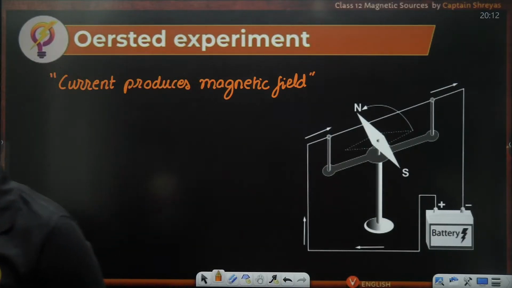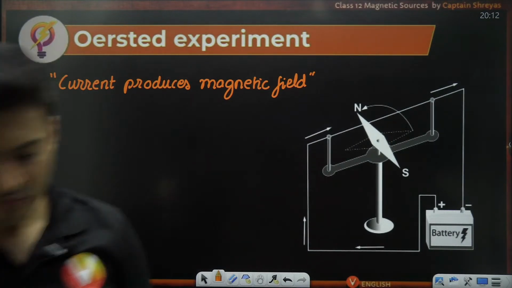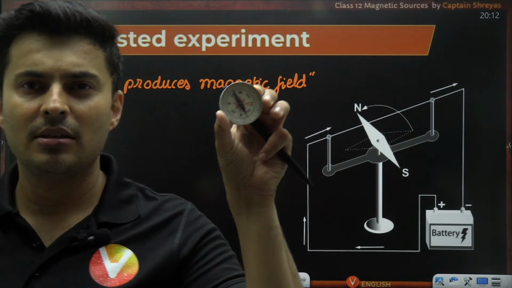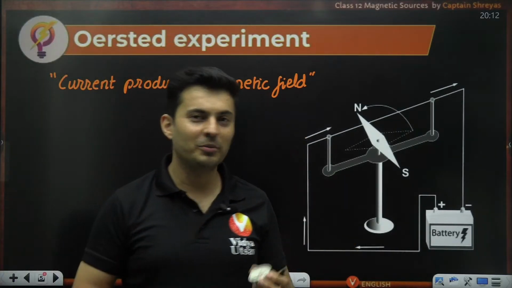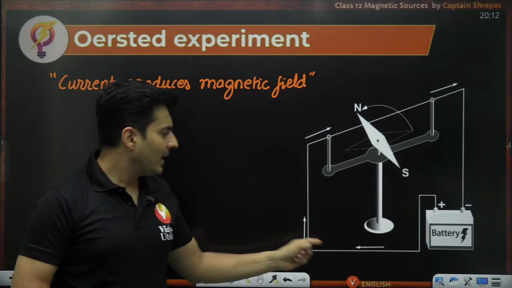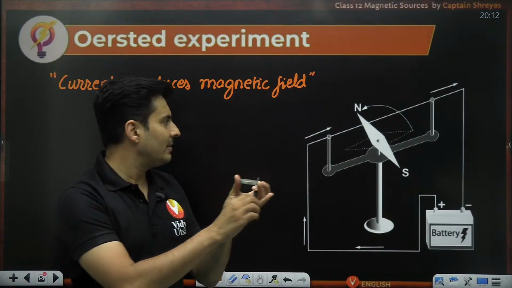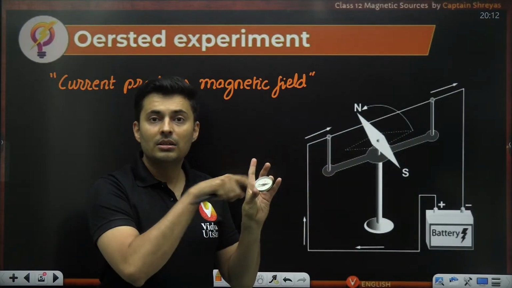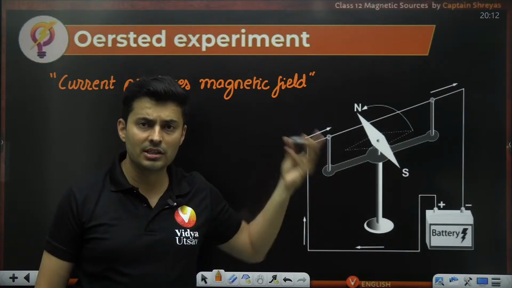All he did was use a compass like this. You might have seen a compass. It points to the north, and is used by navigators and many other people. If you take a wire which carries current and place a compass near it, it will start deflecting. The closer the compass is, the deflection is more.